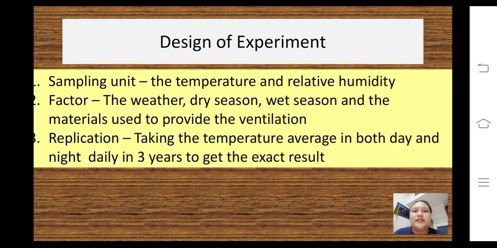Next is sampling design: the temperature and relative humidity. The factors are the weather, the dry season, wet season, and the material used to provide the ventilation. The replication is taking the temperature average in both day and night daily in 3 years to get the exact result.